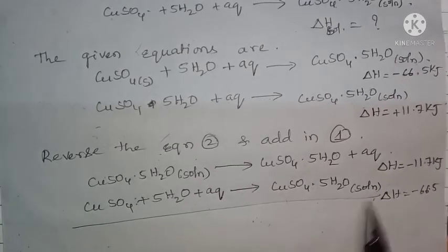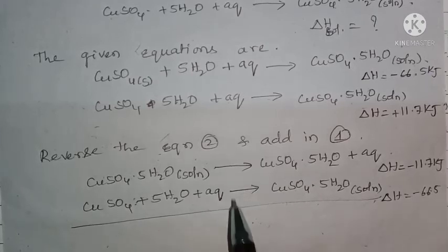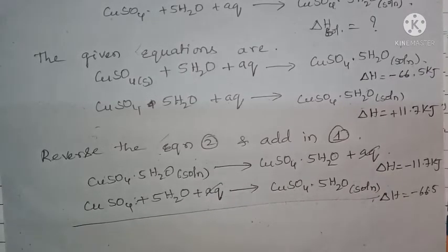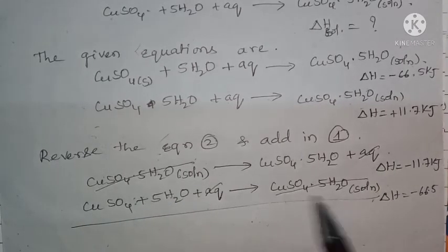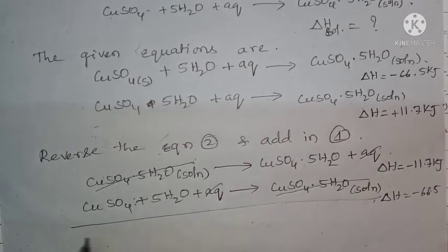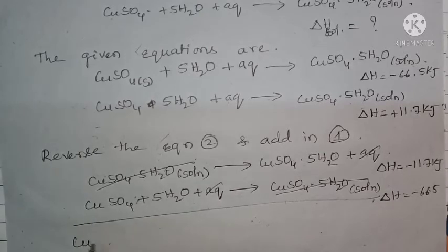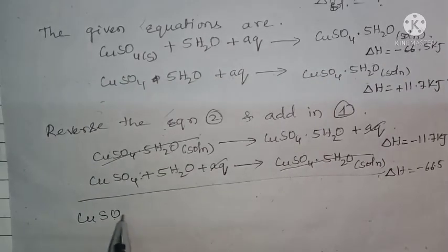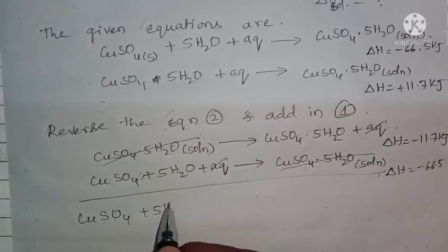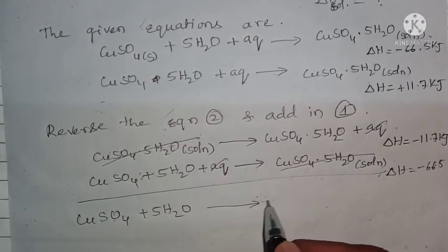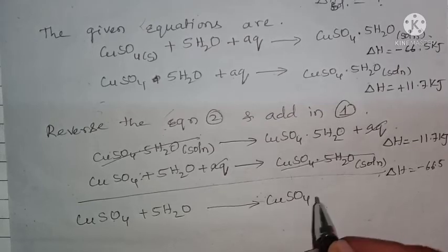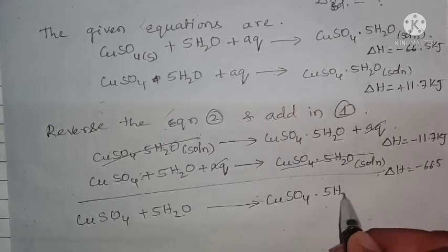Just by adding, aqueous gets cancelled, CuSO4 5H2O solution gets cancelled, then your equation becomes CuSO4 plus 5H2O gives CuSO4 5H2O.